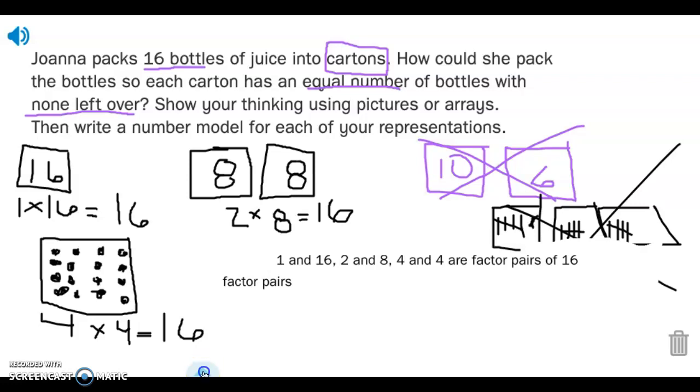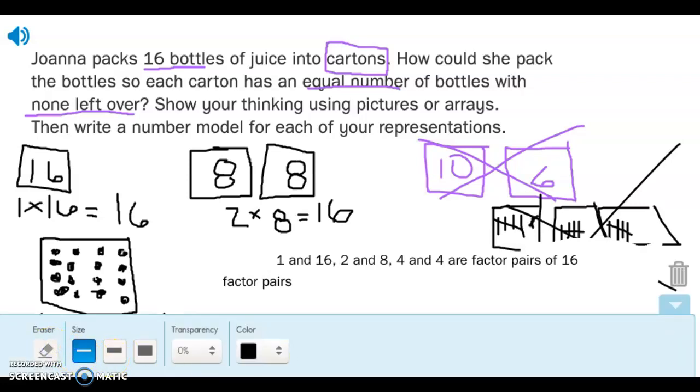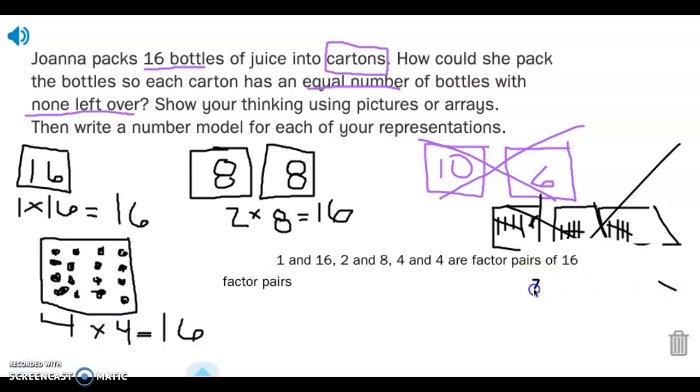Would 3 be a factor pair of 16? Could that be one of them? Well, remember, we tried to do 3 times, well, question mark. Did it work? Were we able to get 16? No, because we had a remainder.